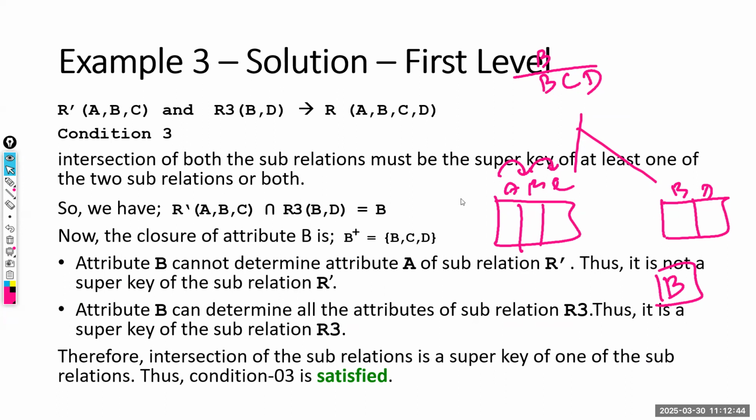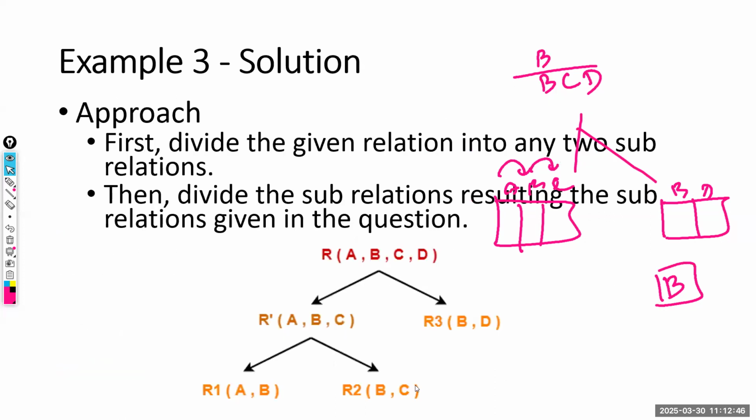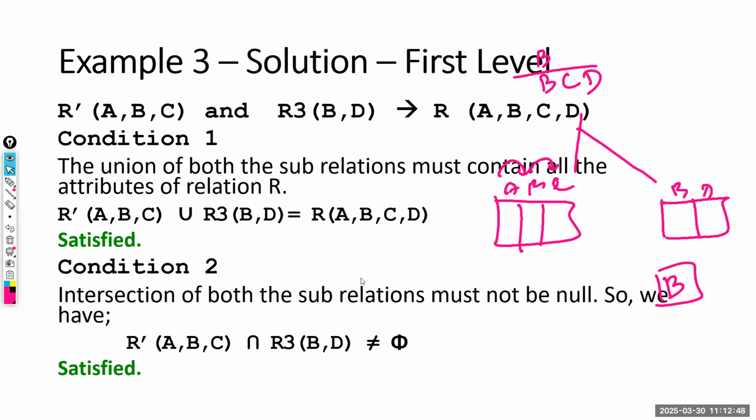Okay. Now you want to look at whether this is correct: A, B, and B, C. Right? A, B, and B, C, because that is our real tables. And again, when you connect all these things, you get ABC. And ABC, that is fine. Condition 1, fine. Condition 2, yes, we have a common field.